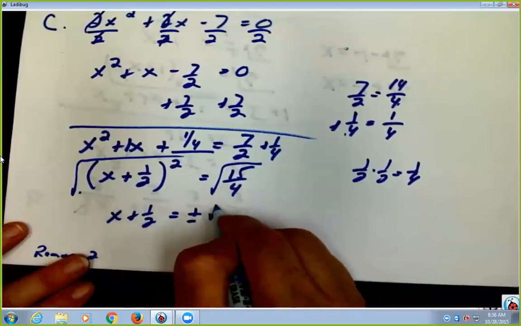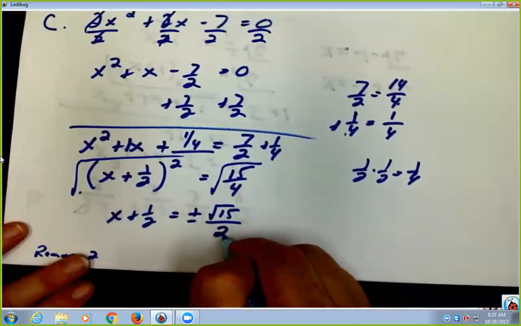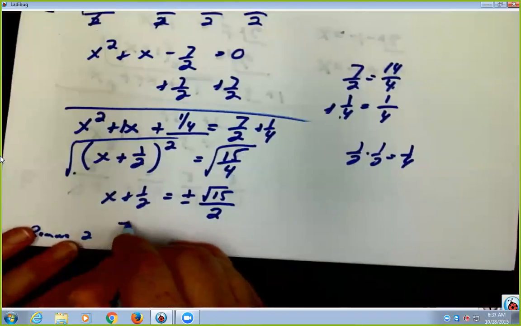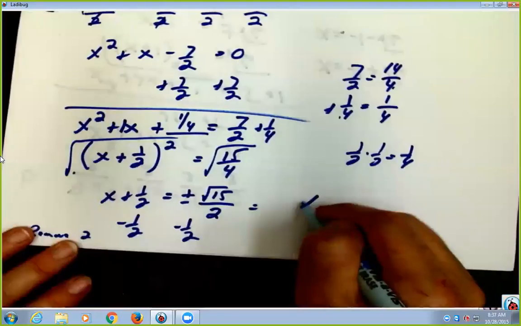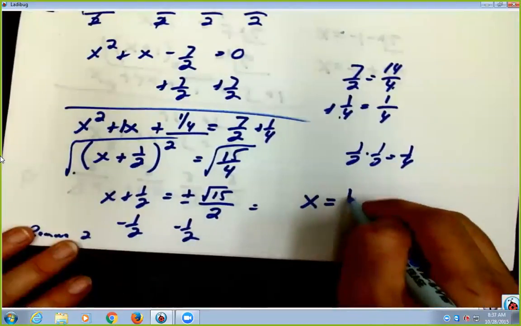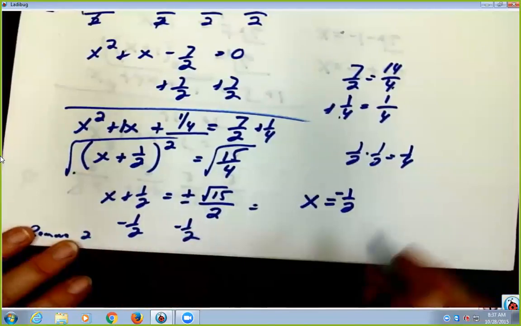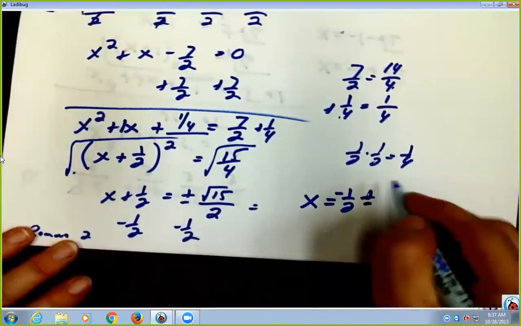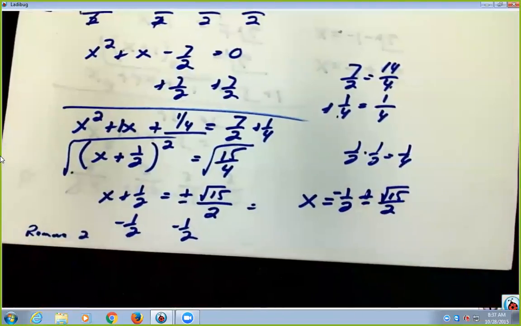So I have a plus or minus the square root of 15, but 4 does. What's the square root of 4? 2. So now I just move my 1/2 over, and I find that my answer is x equals negative 1/2, because I changed my sign on it, plus or minus the square root of 15 over 2.